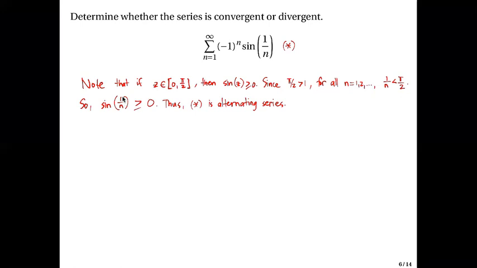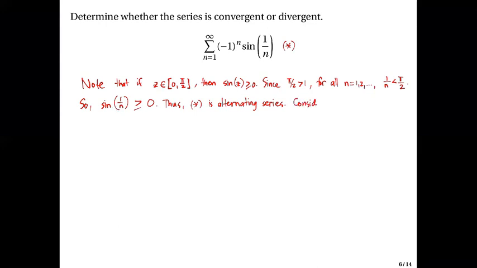But that's equivalent to saying that as you increase n, since n is a denominator, 1 over n is also decreasing. And therefore, sine of 1 over n will also decrease as n increases. So you can explain it that way. You can explain it in another way. Use your derivative test.